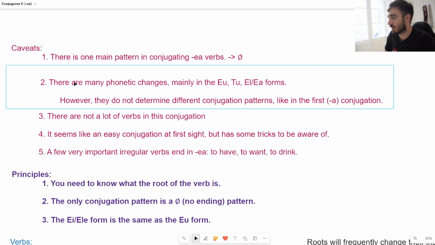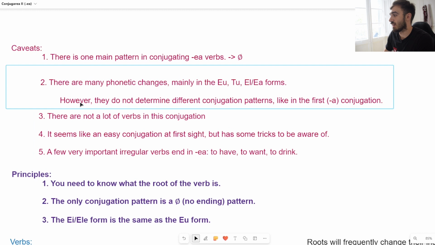Now, for the second one, there are many phonetic changes, as there will be very frequently with the verbs in present tense, and that is, as I mentioned in the conjugation 1 video, because of the suffix, the ending addition to the root, and they quite frequently happen here in the yo-to and yel-ya forms.